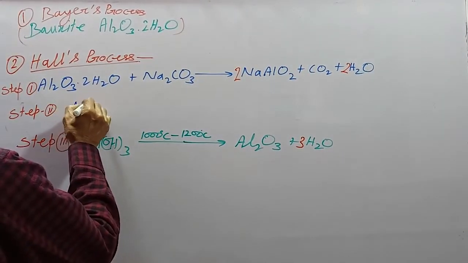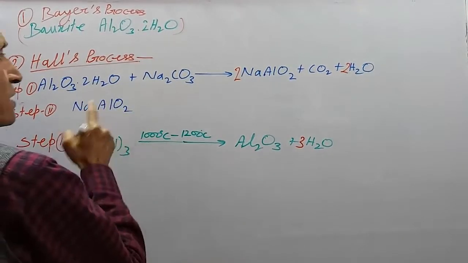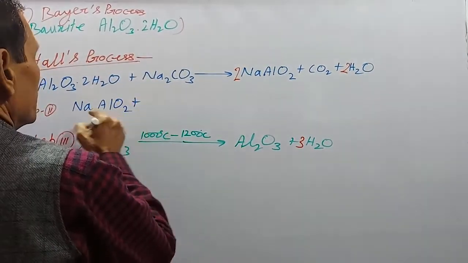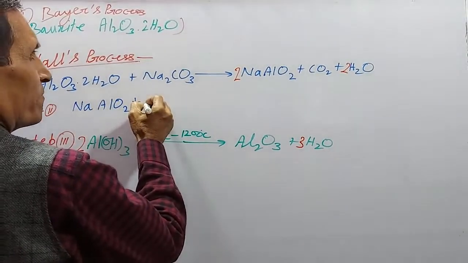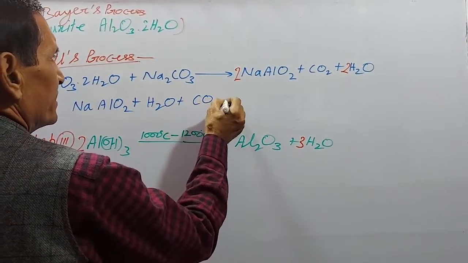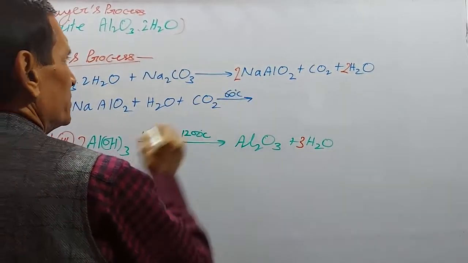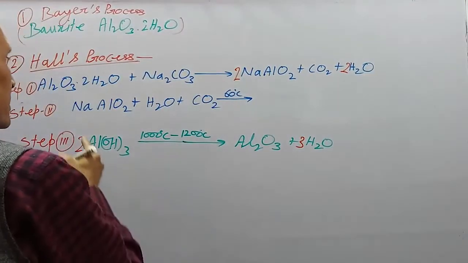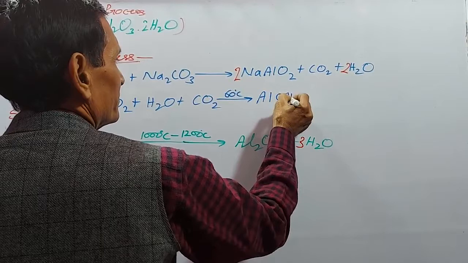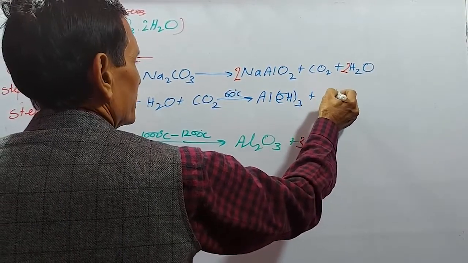Then this NaAlO2 compound is in water, carbon dioxide gas is passed into it at about 60 degrees centigrade temperature. There is formation of aluminium hydroxide and Na2CO3.